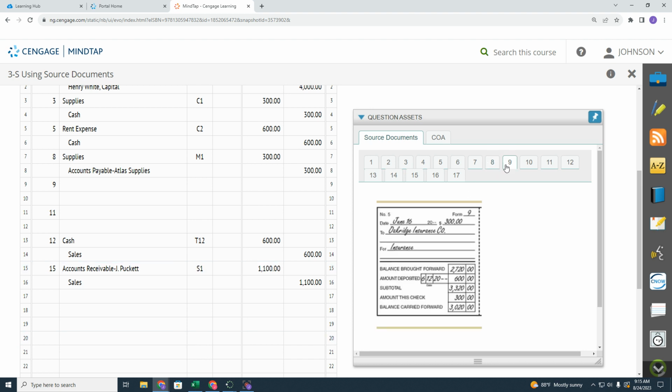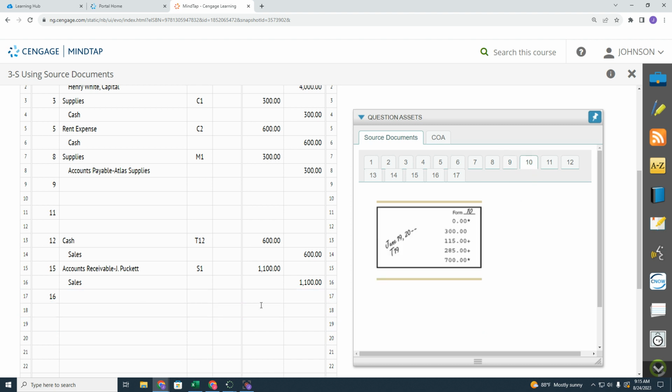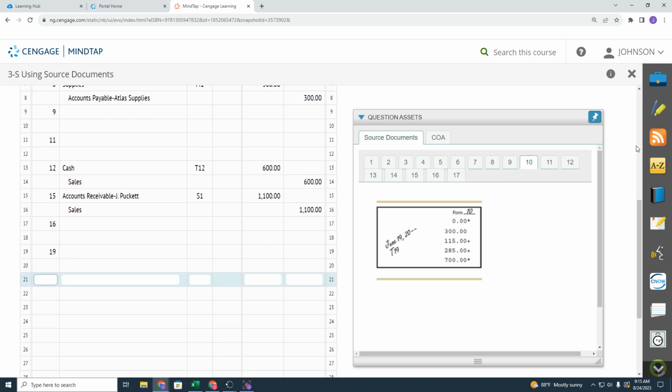And then number 9 looks like it's a check for insurance. So this is going to be prepaid insurance increasing here on June the 16th and cash decreasing. On the 10th, it looks like another calculator tape on June 19th. So I'm going to skip that one. We've done one like it already.